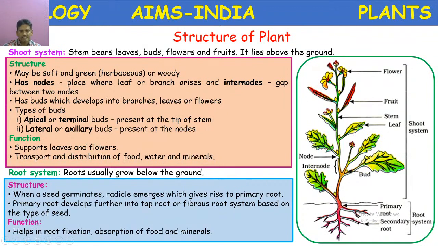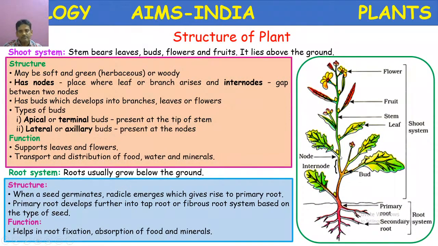If you take a stem, several subparts are present, like the node. A node is a place where a leaf arises, or a branch is produced, or a flower is produced.